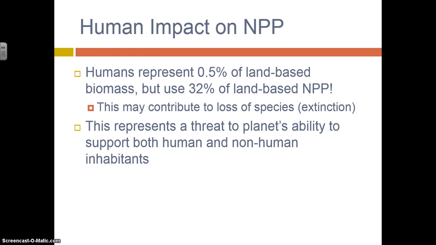That is essentially our total weight compared to all organisms on the surface of the planet, but we use 32% of the net primary productivity. So that's a curious comparison there.